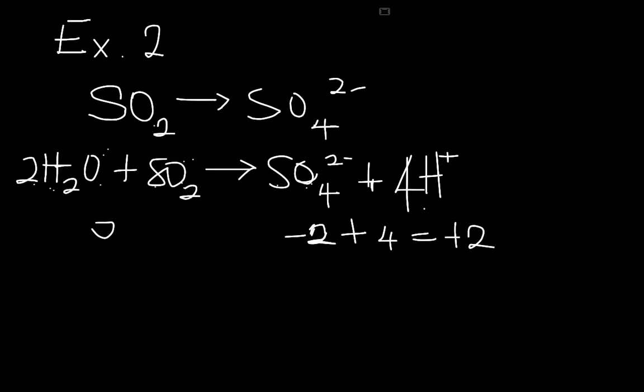So we need to reduce this net charge and make it 0, so that the total net charge on both sides is 0. If this is 0, here has to be 0.